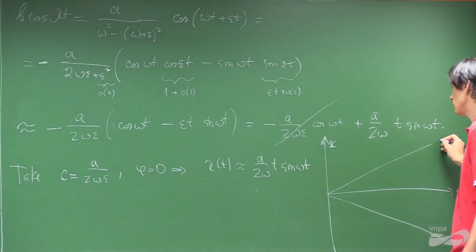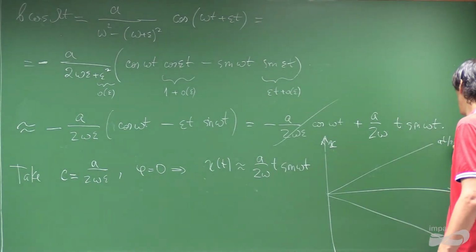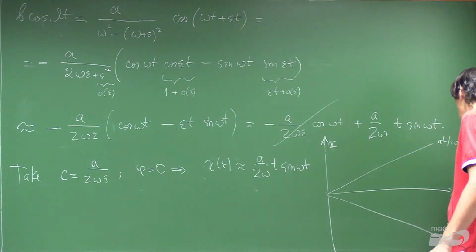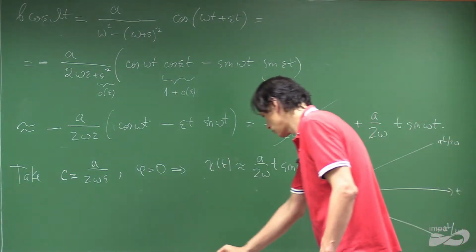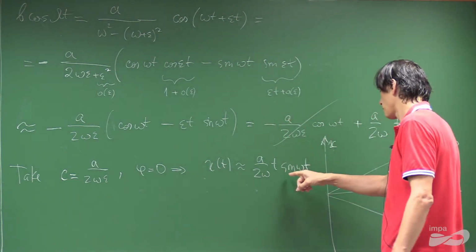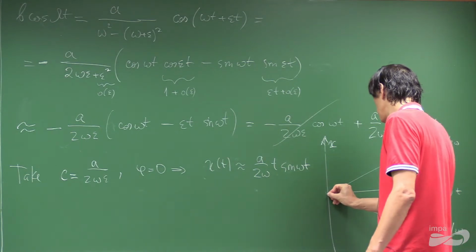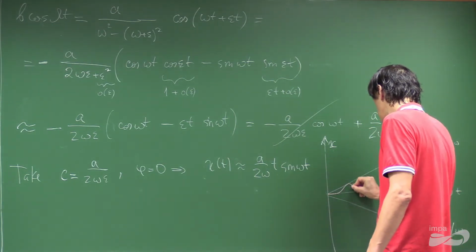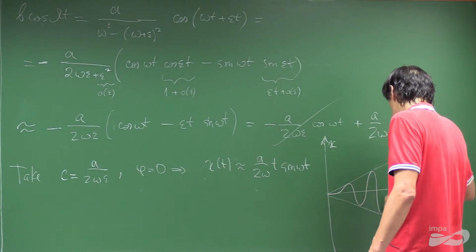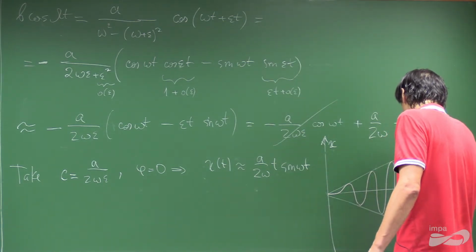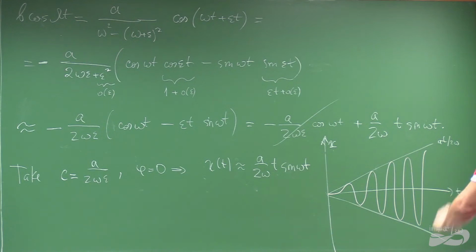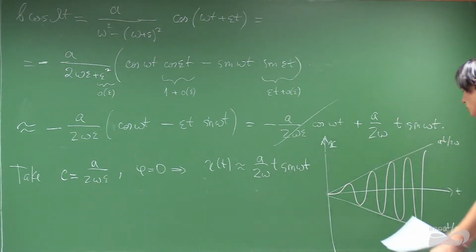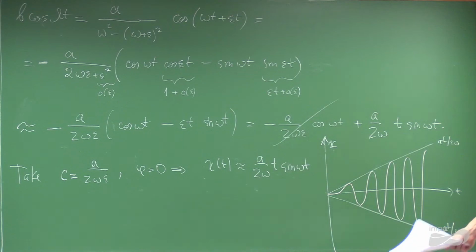Right, so this is a t over 2 omega, and this is minus a t over 2 omega. And then there is a t by sine. This is what happens with the pendulum when you start oscillating it at the frequency close to the resonance. So this amplitude grows linearly in time. So this is usual resonance.